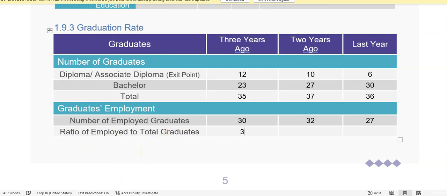So this will be 30 over 35, this will be 32 over 37, and we have 27 over 30.